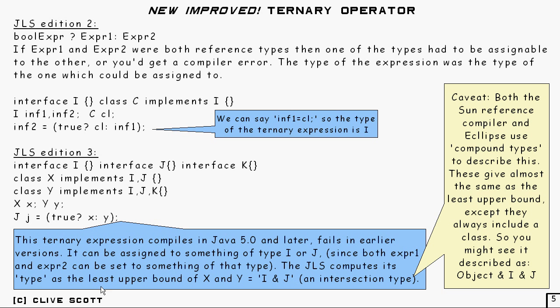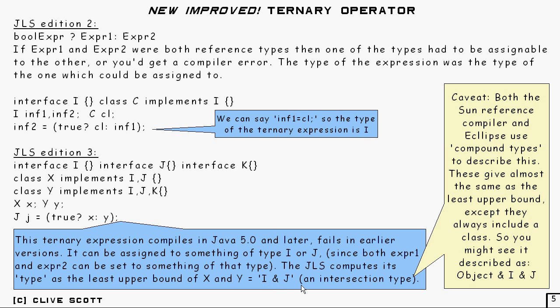It computes it actually as what's called the least upper bound of X and Y, the two types that are involved. And it turns out to be something which is called an intersection type, and it's written like that: I and J. All this means is that it is a type which can be set to I, or it can be set to J. And if it can be set to I, of course, it can be set to anything which is a supertype of I, and anything which is a supertype of J. And so that's what it is.